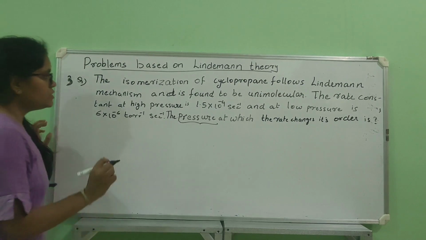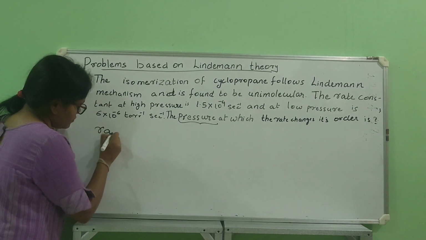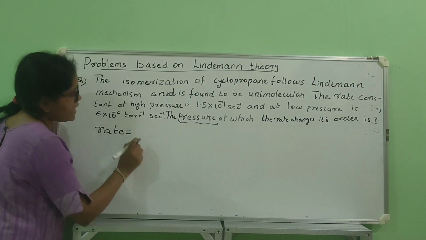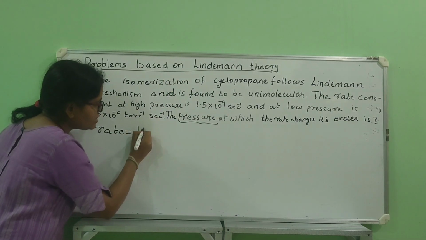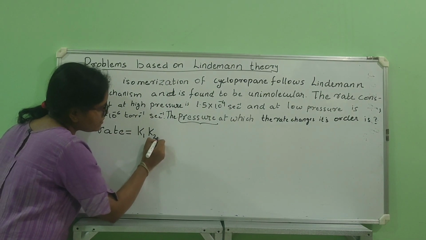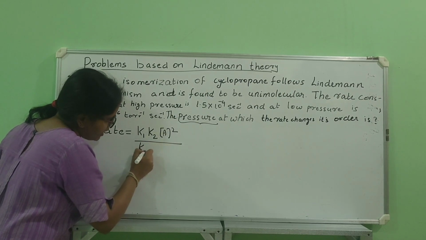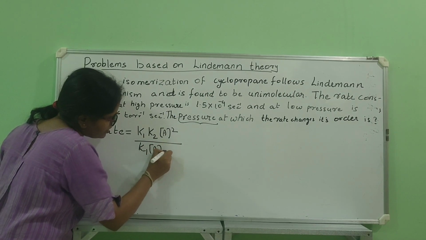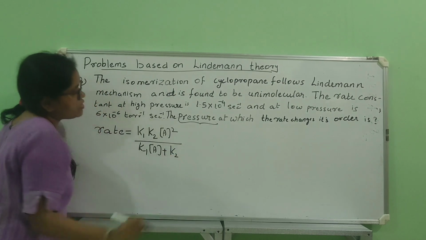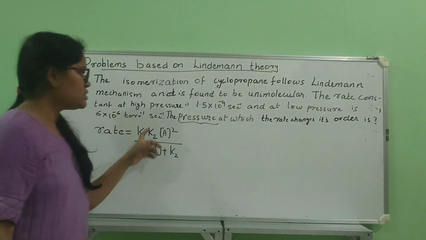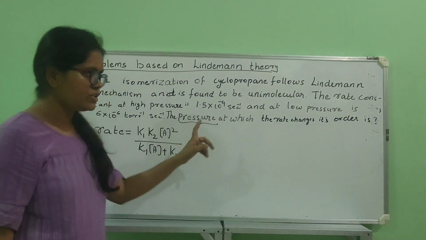So we know that the rate law for a unimolecular gaseous reaction by Lindemann is given by this equation, that is K1 K2 into A square by K minus 1 into A plus K2. So we know that for gases, concentration is equivalent to pressure.